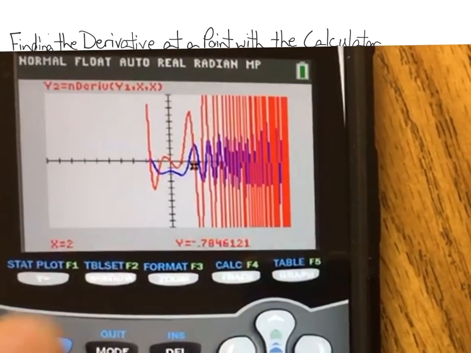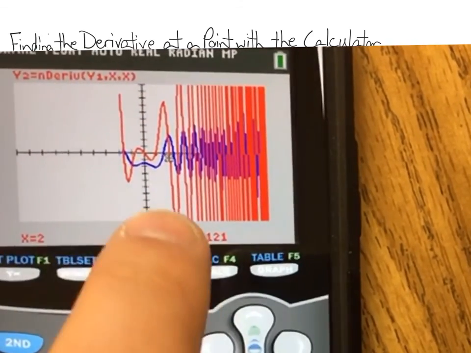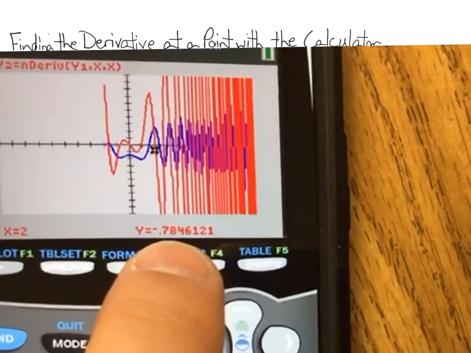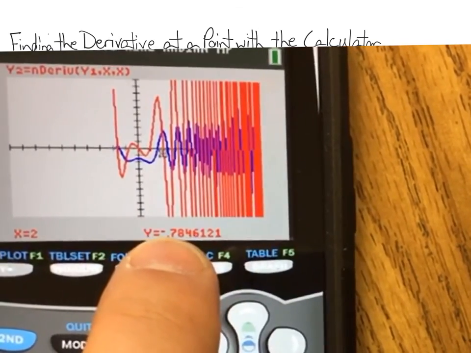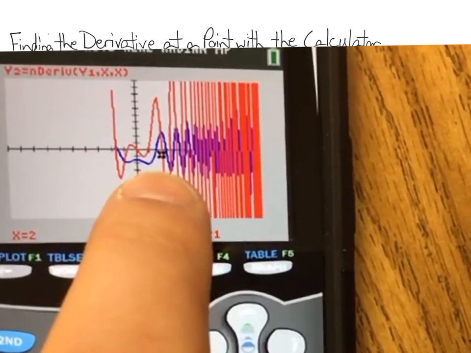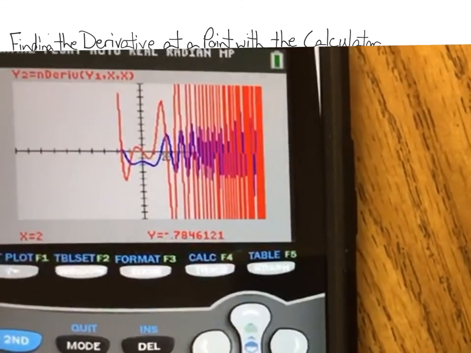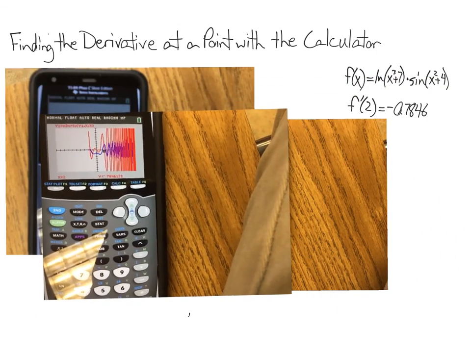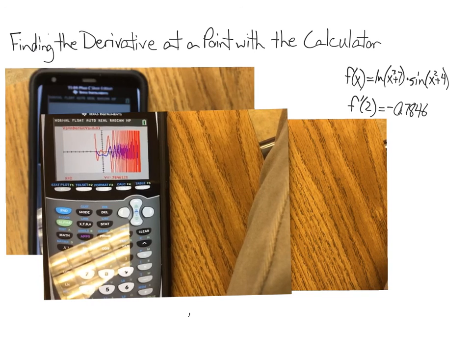If I find the point on that derivative, it's the point 2, negative 0.7846, and so on. That's the value of the derivative of the blue function, and it's the point on the second function, the derivative function. That's something we're going to be doing more as we apply it, graphing the derivative functions and looking at those.